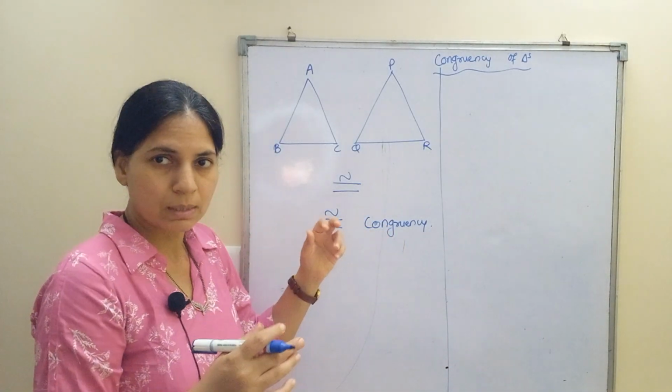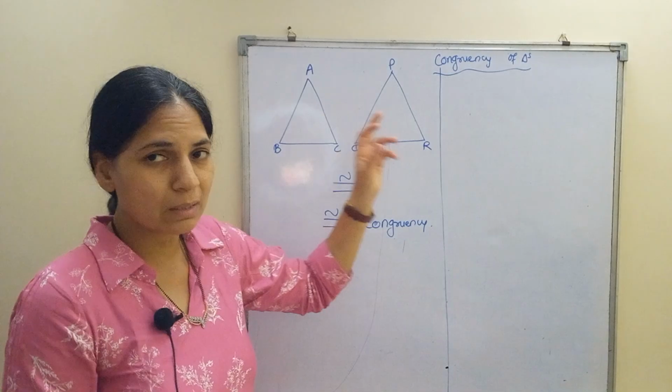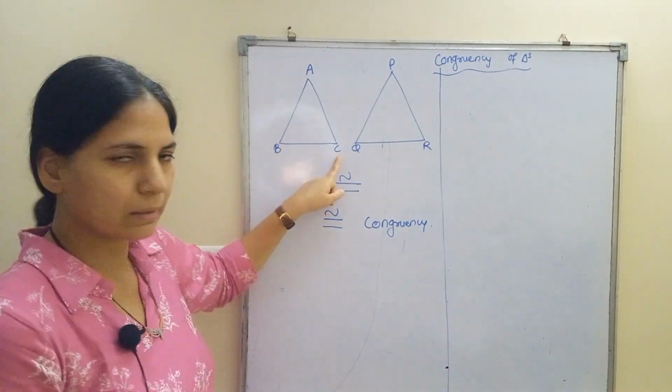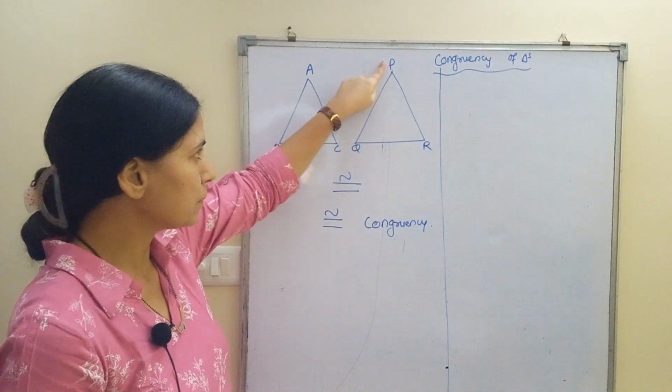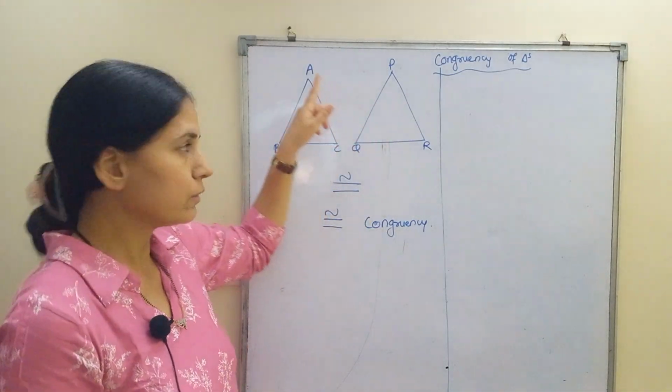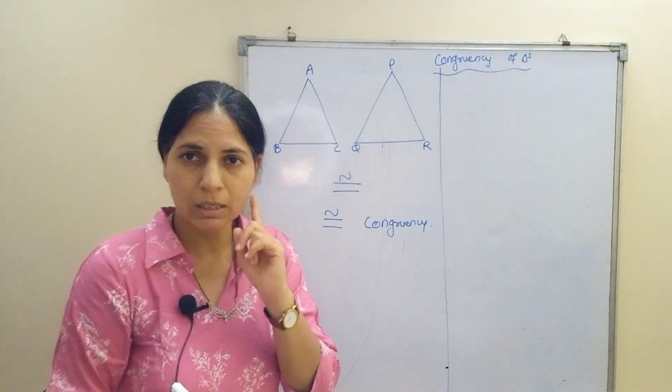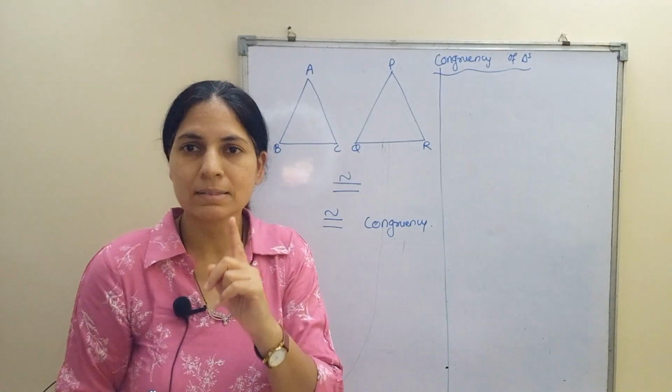Now come on students, let me tell you what are the elements of a triangle. A triangle has three angles. See, angle P, angle Q, angle R, and here angle A, angle B, angle C. Three angles in each triangle and three sides.